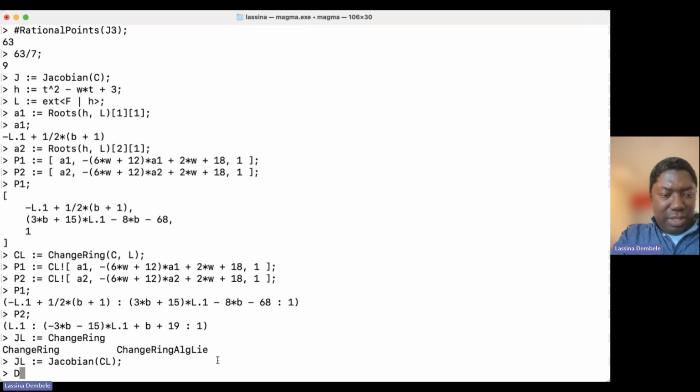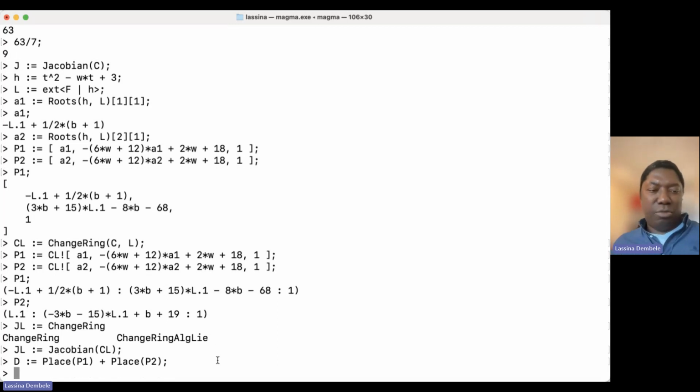Okay. So now the point that I want to create is D. I have a divisor which is the sum. This is how I take the sum divisor in Magma. Because these are points, if I write this it would give me the divisor which is the sum of P1 and P2.